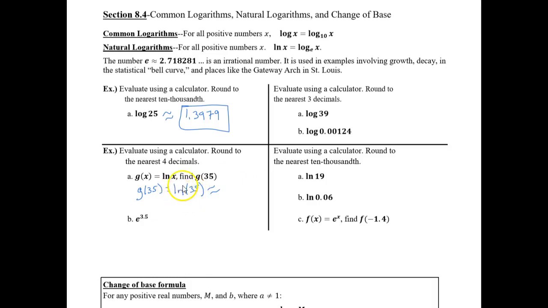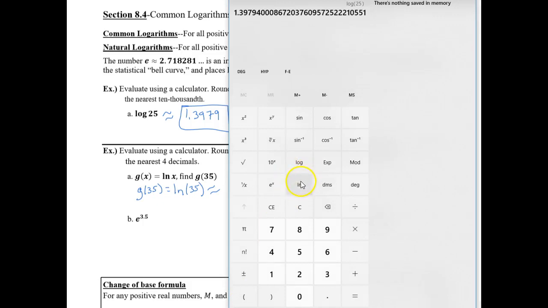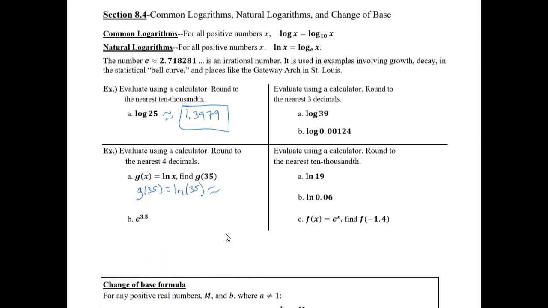So remember, ln, same thing as log base e, we call that a natural log. I find my ln button. I'm going to have to hit 35 and then the ln button. And I'm going to round it to 4 decimal places. So 1, 2, 3, 4. Look to the right, that's a 4, so I'm going to leave the 3 alone. And I get 3.5553.